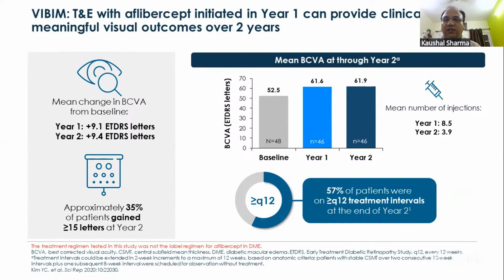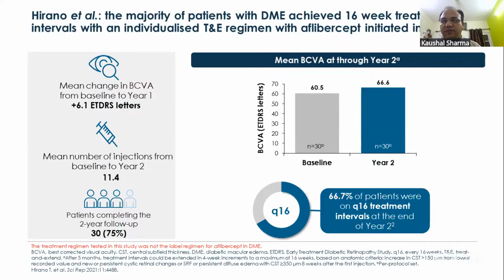With a treat-and-extend regimen with aflibercept initiated in year 1, clinically meaningful visual outcomes were provided over the 2 years. 50% of the patients were at treatment intervals of 12 weeks or more at the end of year 2. Baseline 60.5, year 2 69.1.